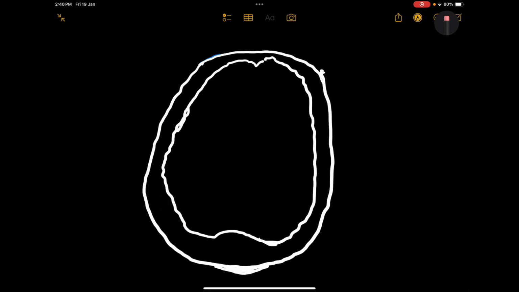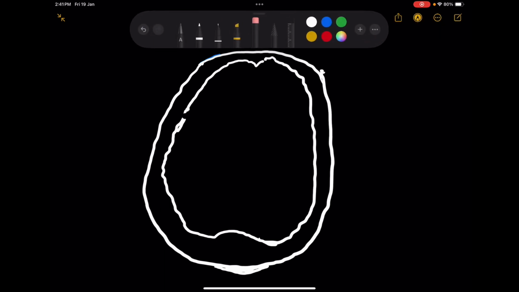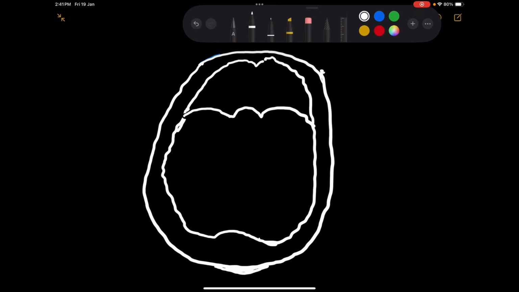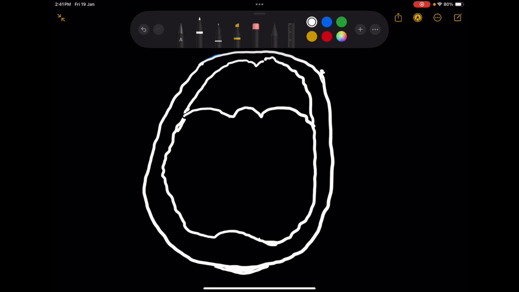So the first thing you must draw is this wing type of structure with two processes like this, and this is the free edge of the lesser wing of sphenoid.